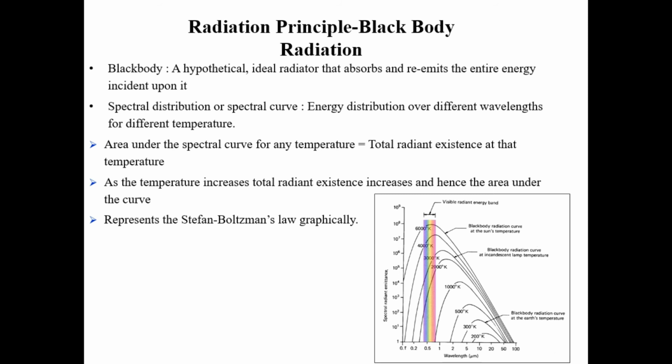The area under the spectral curve for any temperature is equal to the total radiant exitance at that temperature. In addition to the total energy, the spectral distribution also varies with the temperature.